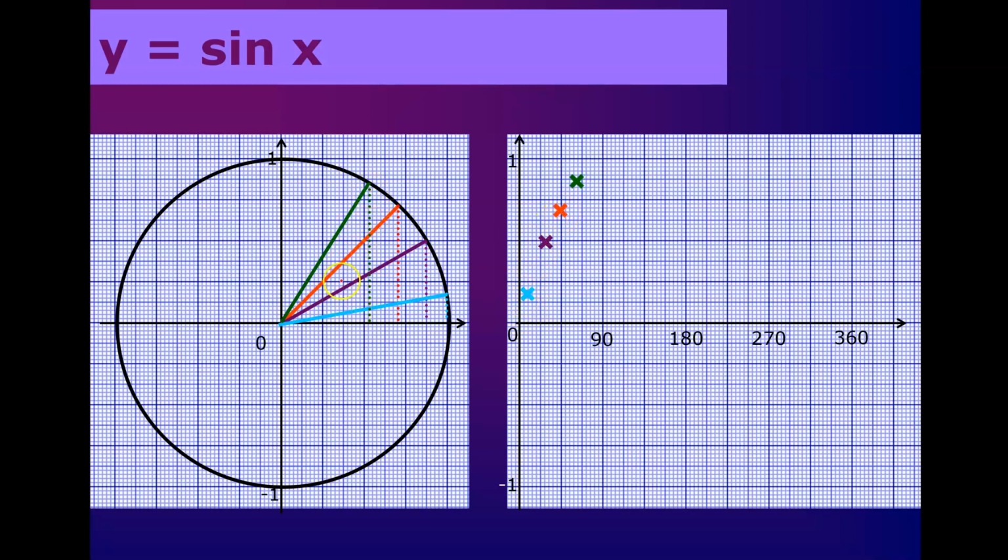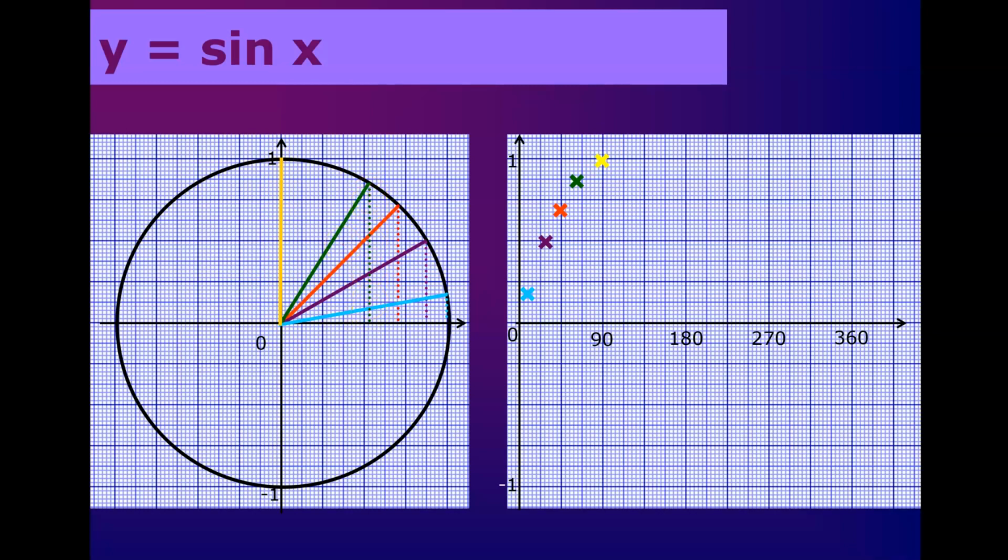Now, as the angle gets bigger, this gets bigger, so we keep going. You could do sine 80, sine 85 until you do sine 90, and when you do sine 90, you actually end up with 1. Now that is the top. That's the longest length this height can get.